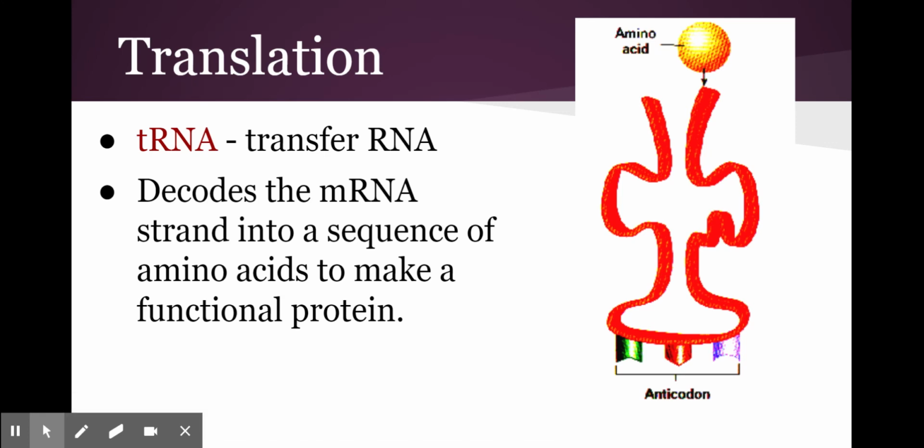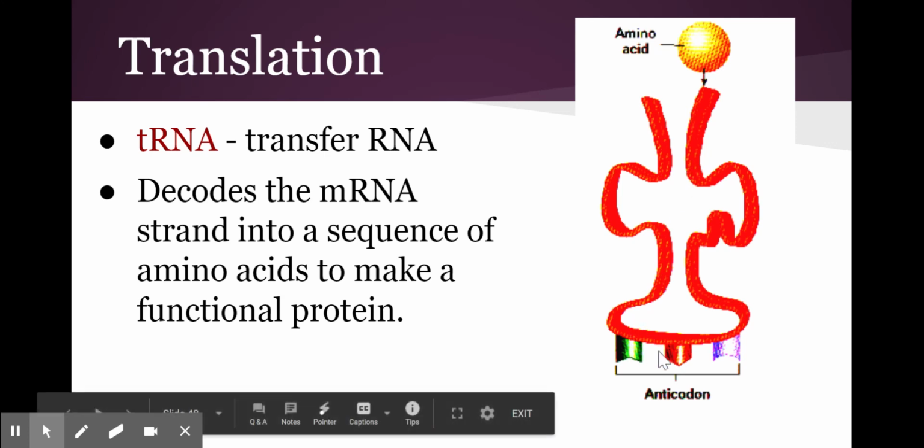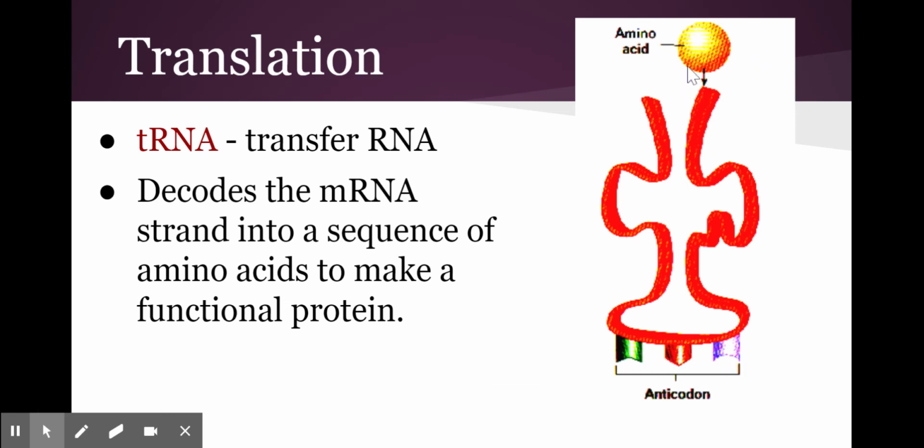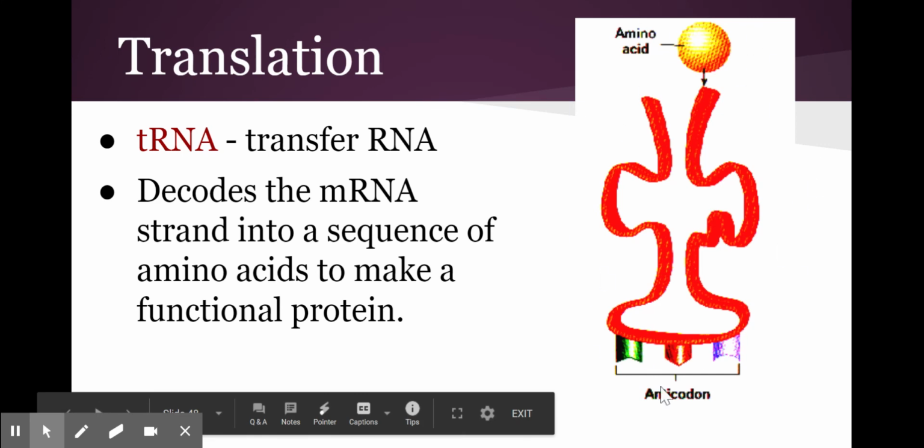So this is the really, really cool thing about tRNA. Depending on what sequence of 3 nucleotides it has here, that's going to dictate what amino acid it carries on the other end. And what you're going to see very shortly when we actually look at translation as a process is that it is this structure of tRNA that actually allows the cell to convert the message in mRNA into a protein.